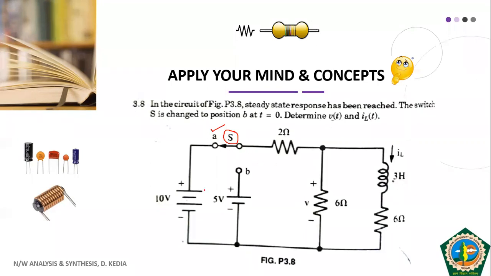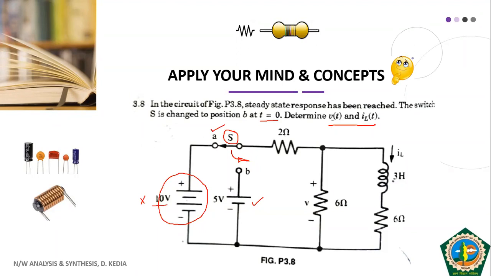It means that the 10 volt source has been applied to this circuit for a long time, so the circuit has stabilized with respect to the 10 volt source connected through switch A. Now at t equal to 0, we are moving our switch to position B. So at t equal to 0, the 10 volt source is removed and we are now applying a 5 volt source across this circuit.